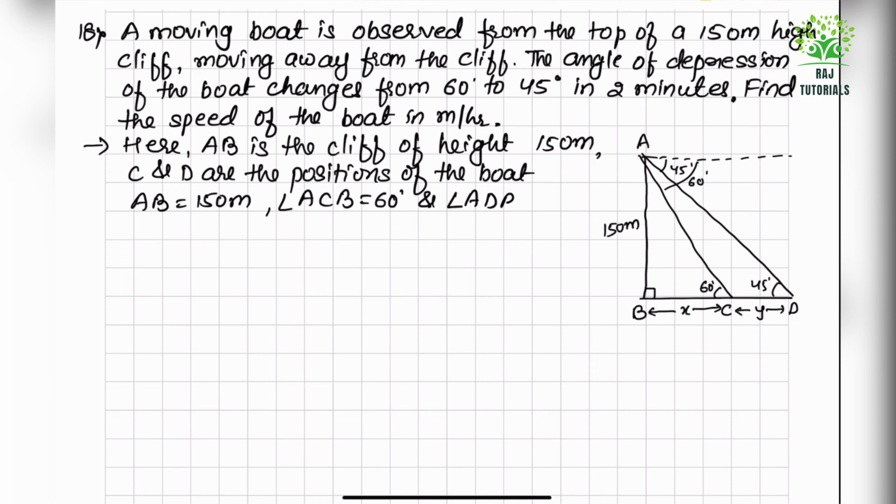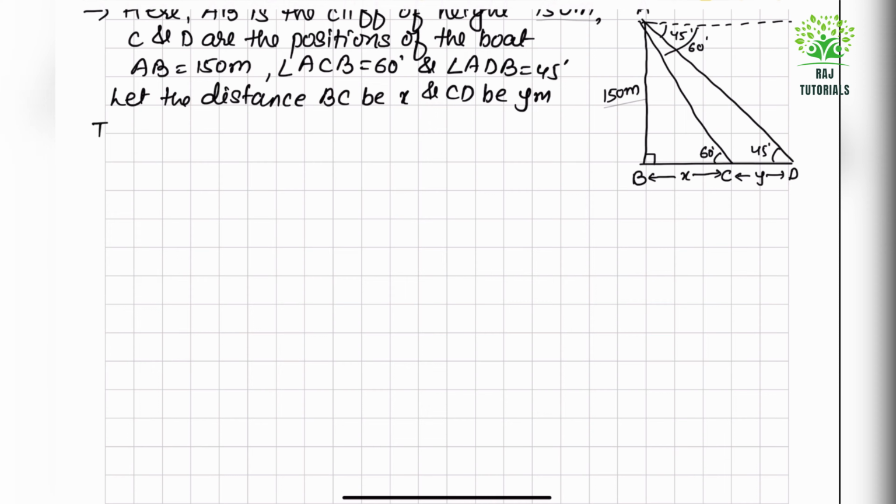Now AB equal to 150 meter. Angle ACB equal to 60 and angle ADB equal to 45 degree. Let the distance BC be X and CD be Y meter.